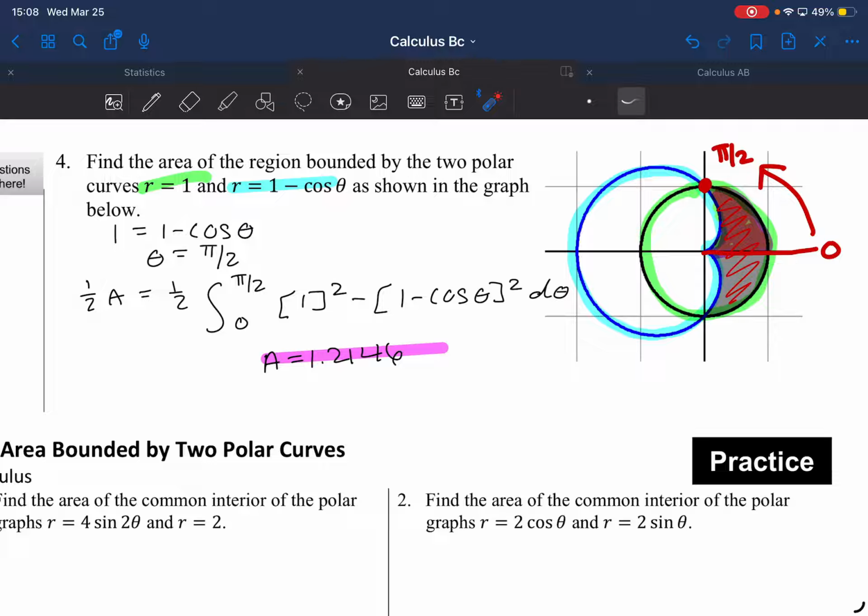Which means if you're choosing to skip the symmetric portion of it, you would have to split this into 2 integrals. You would have to do the negative pi halves to 0, and then 0 to pi halves, and then add those 2 areas together. That's more work. Might as well remember the symmetry part.